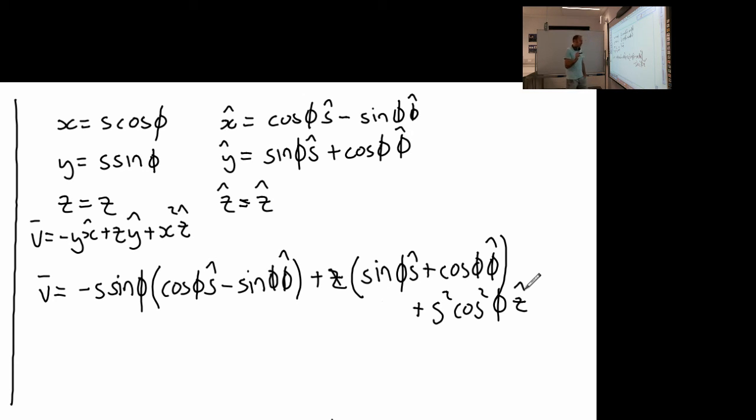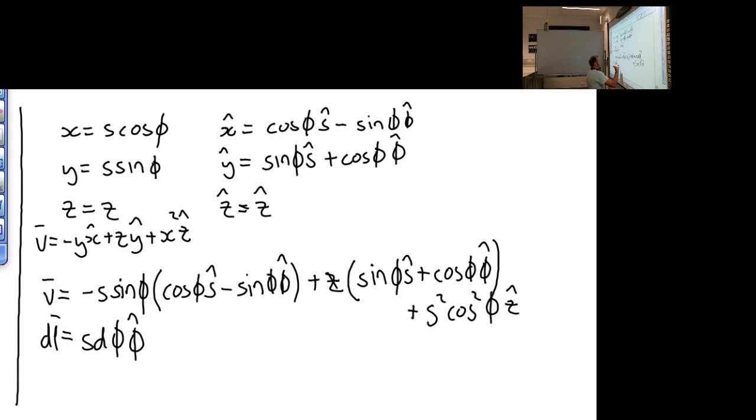Now we have V dot dl. Now remember, dl, the infinitesimal displacement element vector for this path around the xy plane, is given by s d phi phi hat. Okay.